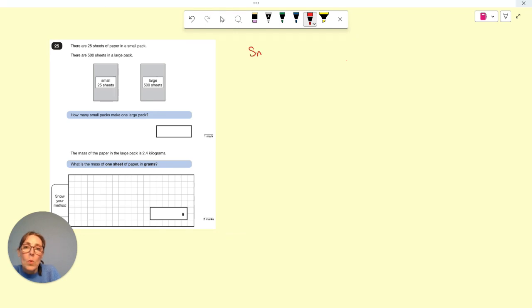Okay, so small is 25. Okay, large, 25 sheets of paper in a small pack. There are 500 sheets in a large pack. How many small packs make one large pack?